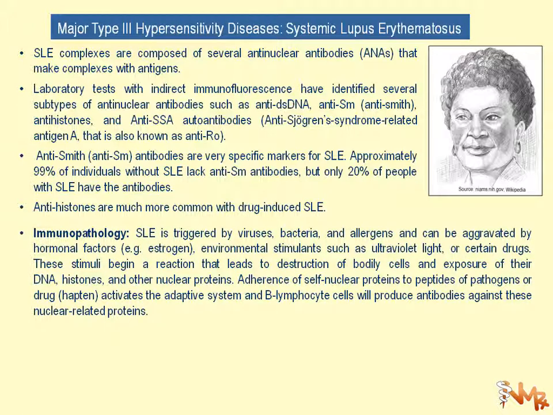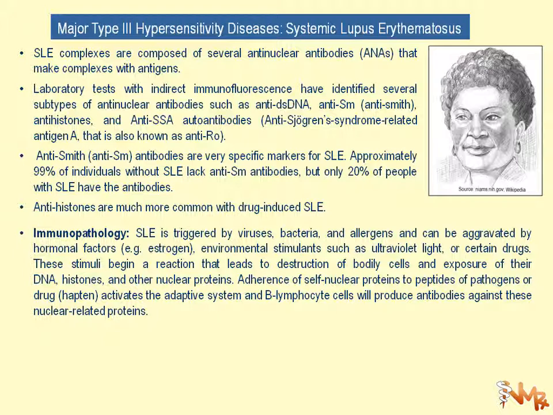Antihistones are much more common, however, with drug-induced systemic lupus. Systemic lupus is triggered by viruses, bacteria, and allergens, and can be aggravated by humoral factors such as estrogen, environmental stimulants such as ultraviolet light, or certain drugs.